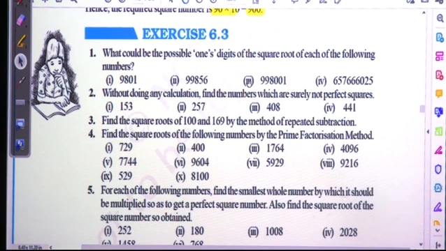Do you remember that it was explained to us that in the ones place of a number, if 2, 3, 7, 8 is present, they are not perfect squares?